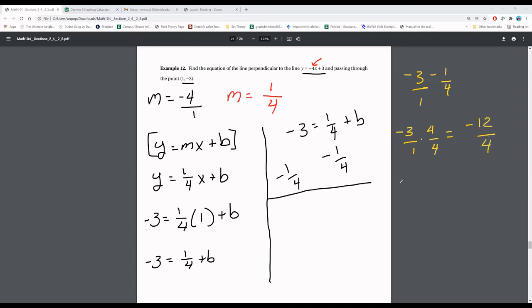Negative 12 over 4 minus 1 over 4 is negative 13 over 4. I'll check to see if that reduces, but it does not. 13 is prime. 4 does not divide a prime number. So this tells me that negative 13 over 4 is my b.